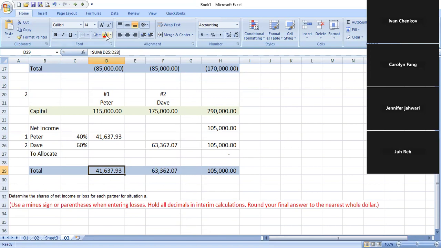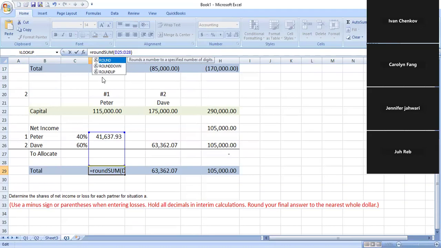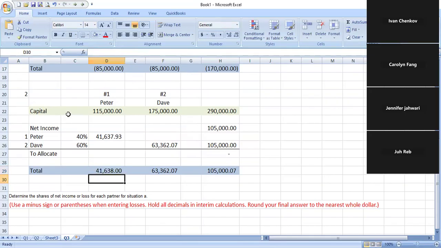No. What do you have to do? If you're using the Excel spreadsheet, simply use the ROUND function with this calculation, and tell it how many decimals: 0. So comma, 0, close the bracket, and boom, the calculation is rounded for you.